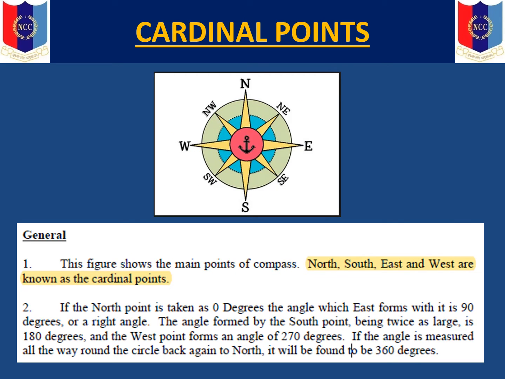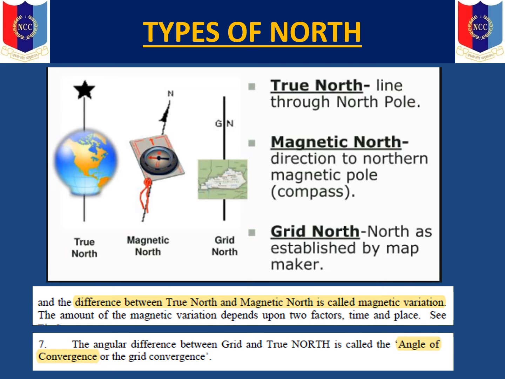Moving on, cardinal points or the cardinal directions: north, south, east, west. The various types of north. This is an important question as far as the certificate exams are concerned.